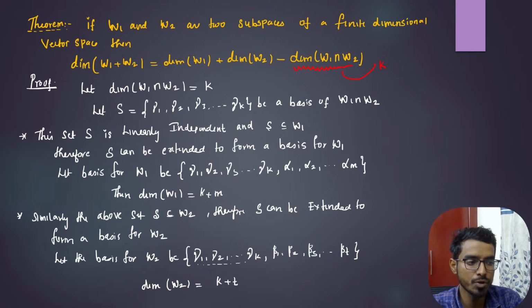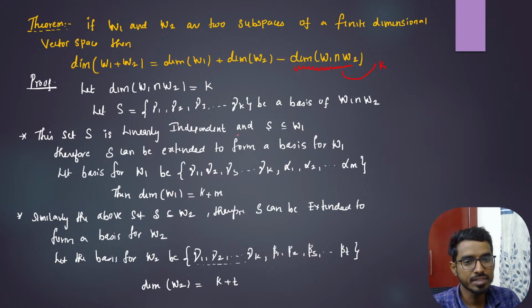Now this set is linearly independent, and these independent elements belong to W1. So it need not be a basis for W1; it is a basis for W1 intersection W2. Even though it is not a basis for W1, we can extend it to form a basis. So let the extended vectors be alpha 1, alpha 2 up to alpha m. What is the dimension of W1? It is k plus m. And similarly, these linearly independent vectors are contained in W2.